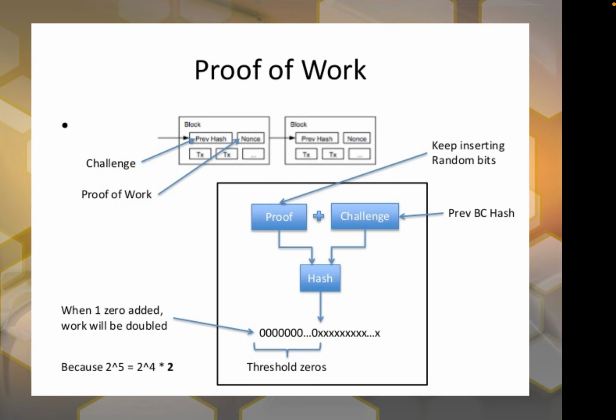Okay, and why do miners do the bookkeeping job? Because the miners want to get reward, right? So increasing the difficulty of mining means decreasing the profit for miners, right? You spend more time. You need to achieve more threshold zeros, then you get the same money.